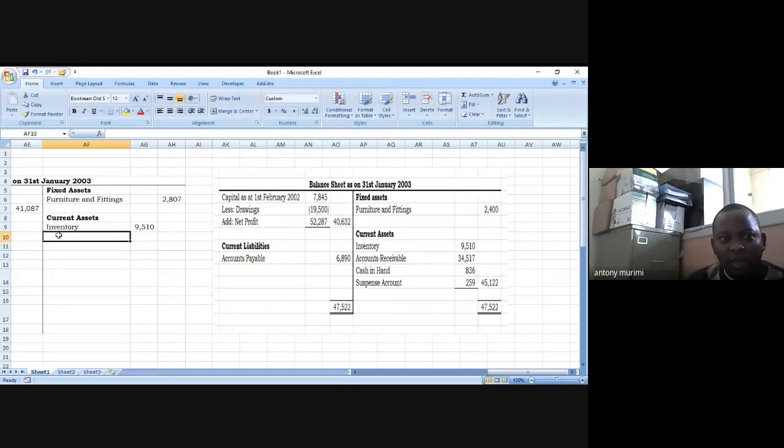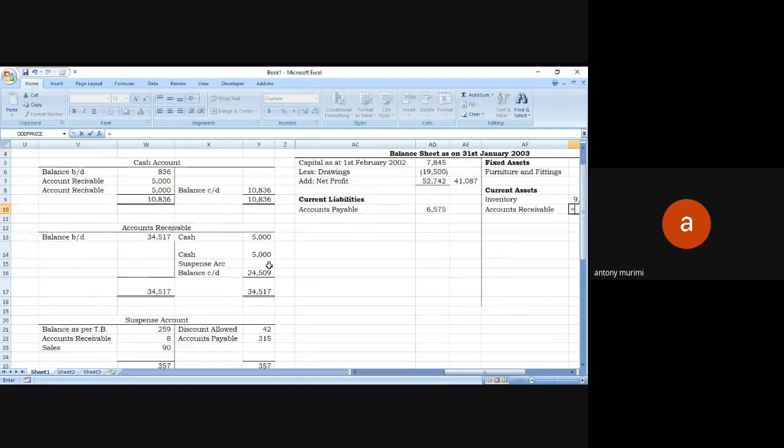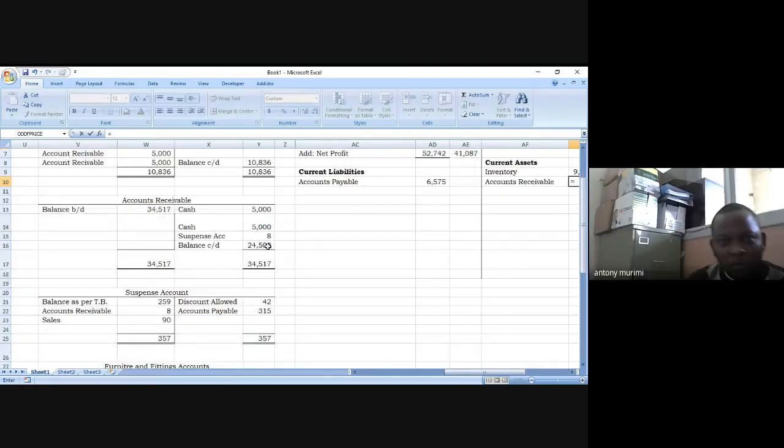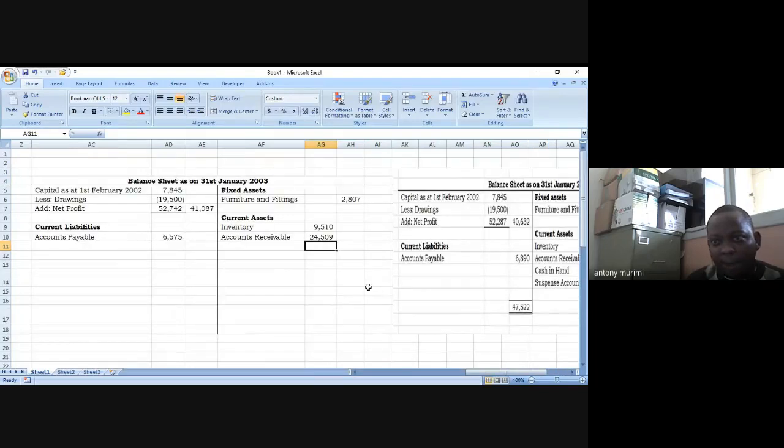The other item is accounts receivable. That one has changed as per our corrections. Accounts receivable is now 24,509, as you can see there.